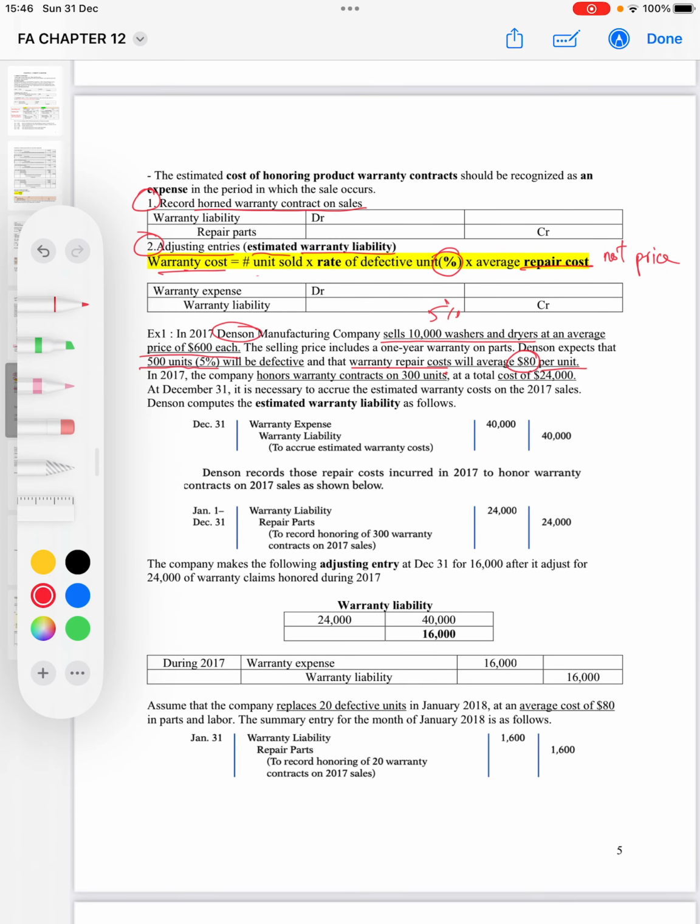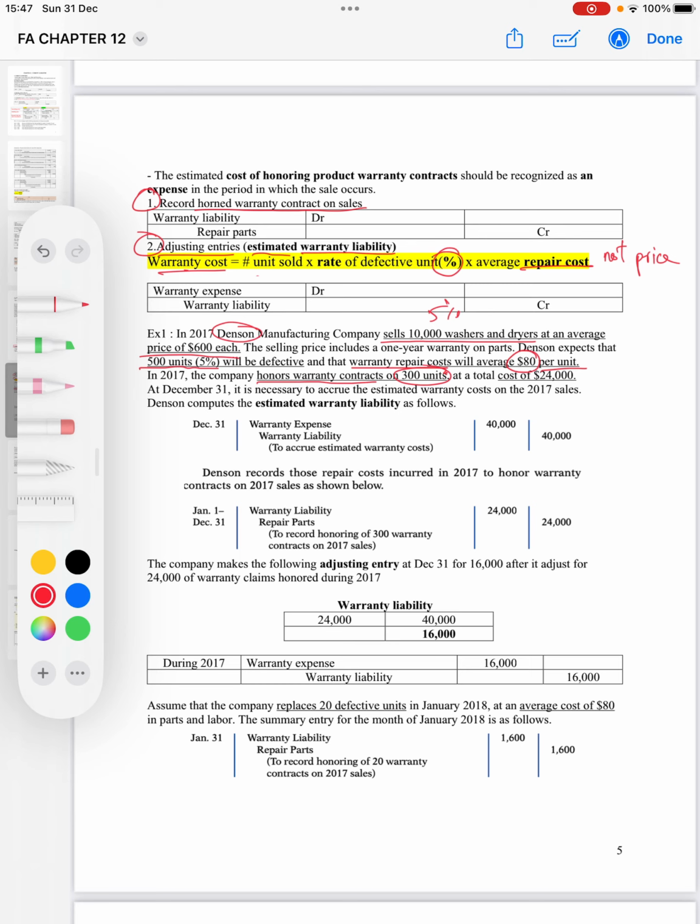And in this year, this company honors warranty contracts on 300 units. Which means in 2017, in this year, 300 units were defective, and they had to repair the defective dryers and washers for the customers.